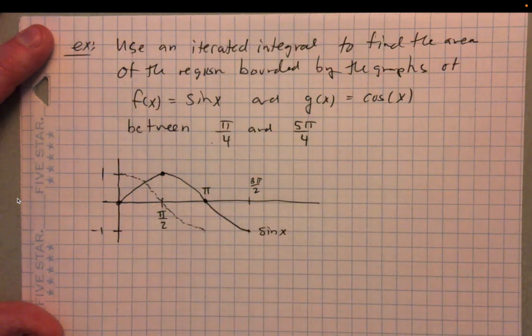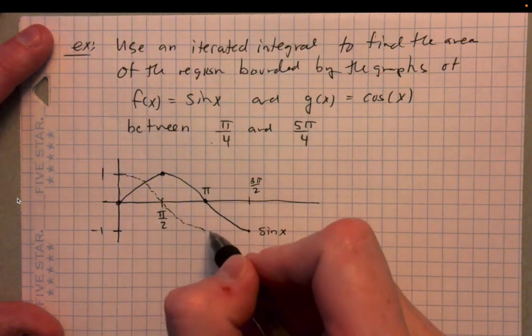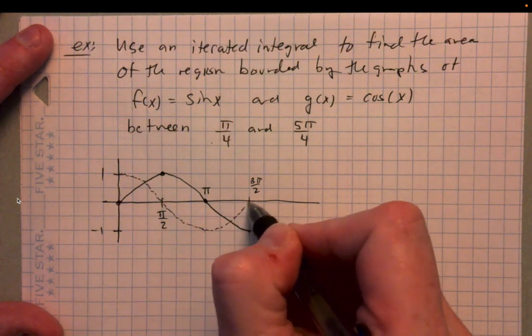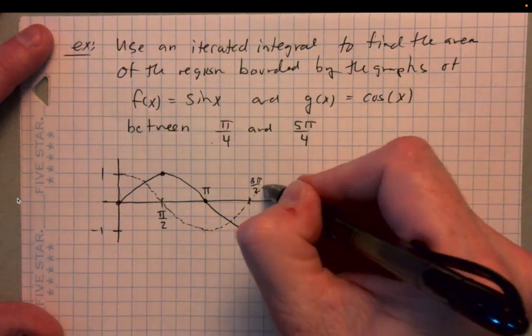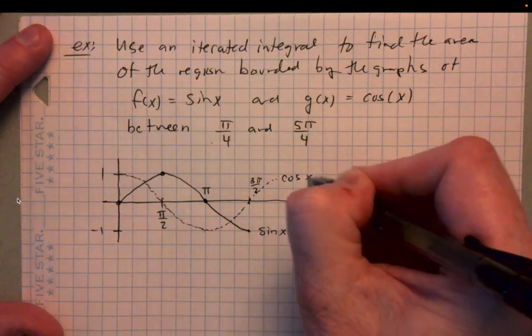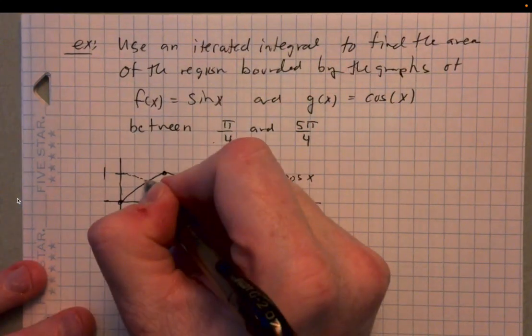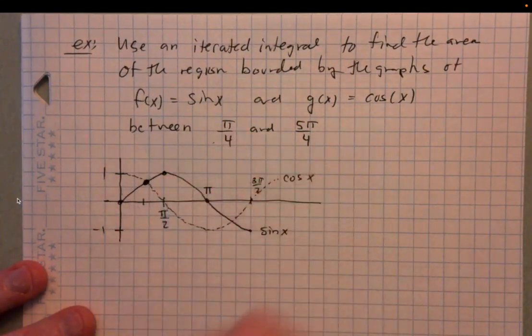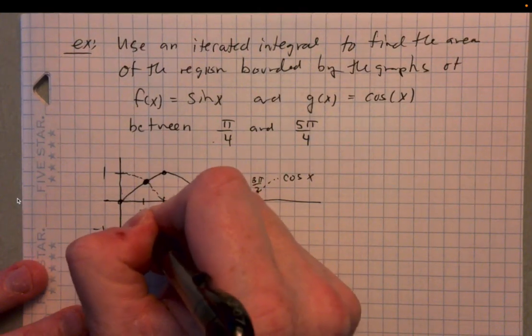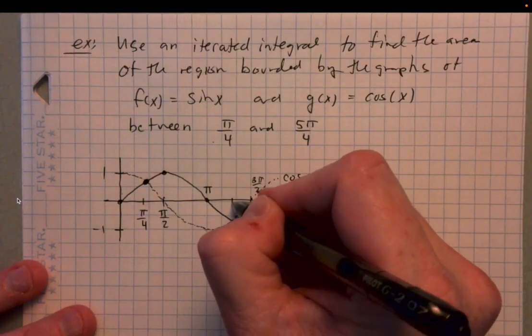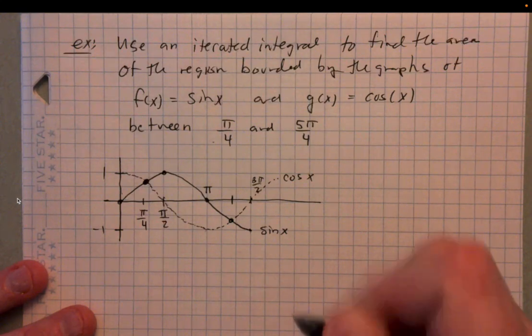It comes down like that, and then it heads back up like this. And that's the cosine of x. Now what we're interested in is the region between these two. It just so happens that these two intersect at pi over 4 and over here at 5 pi over 4.